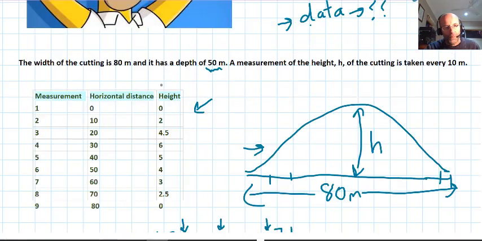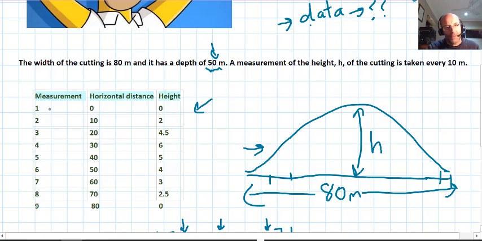Now, we're finding the volume of this, so we're going to find the area and then multiply it by the depth of 50. So we need W first, the strip width. Well, it's pretty obvious from the given data that it's 10.